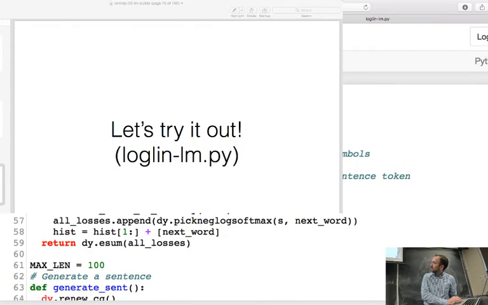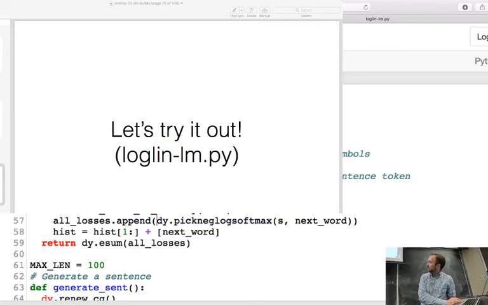And then to calculate the score for multiple words in the output, what we do is basically we append start of sentence symbols to the beginning of the history, and then we step through each word. We calculate its score.